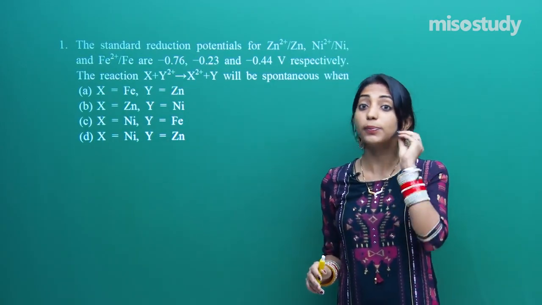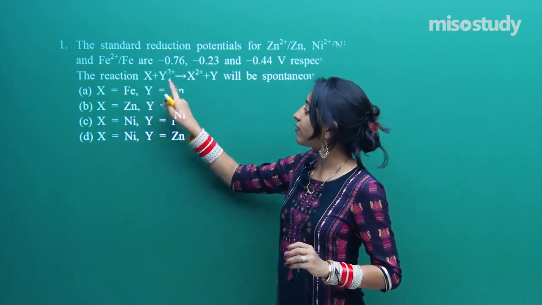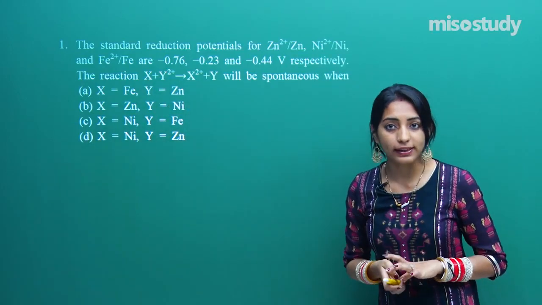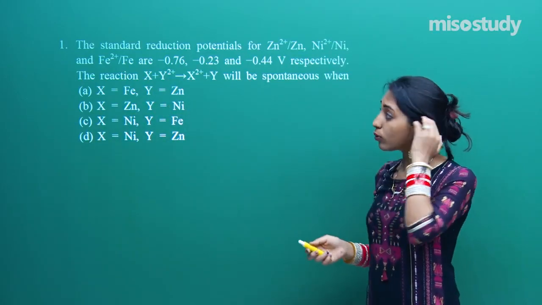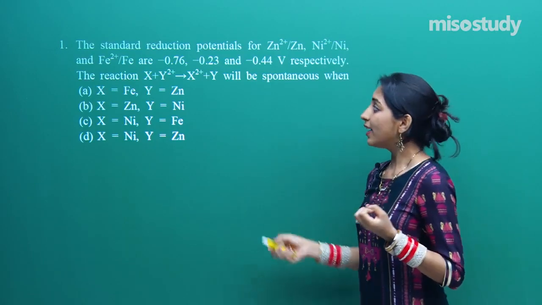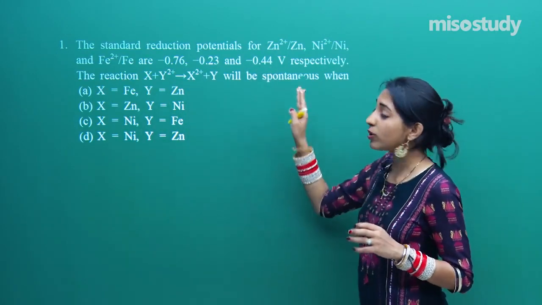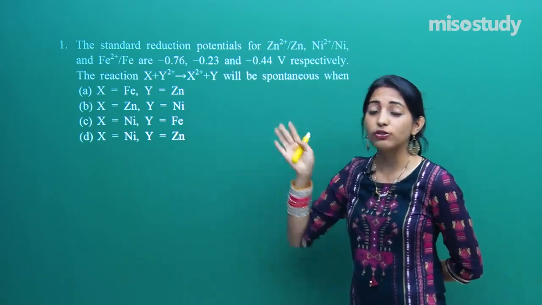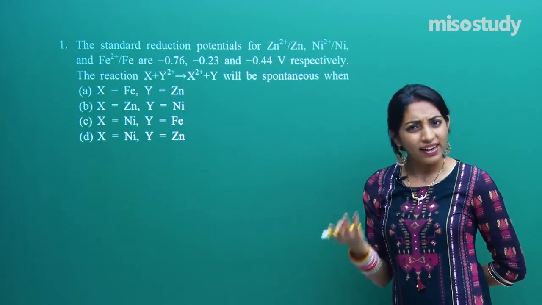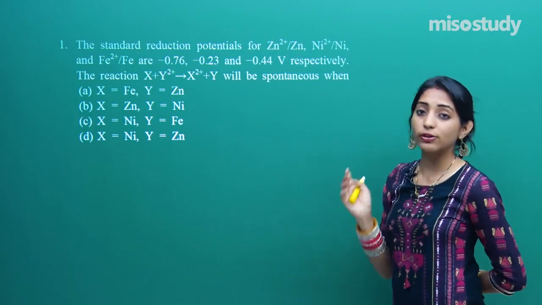So we need to find the perfect couple for X and Y so that the entire reaction is spontaneous, right? So how should you do it? See, rather than talking in terms of oxidation potential and reduction potentials, because all the reduction potentials are given as negative values, let's directly consider the oxidation potentials.